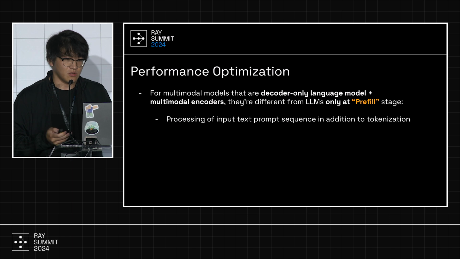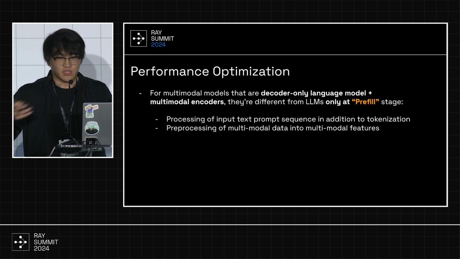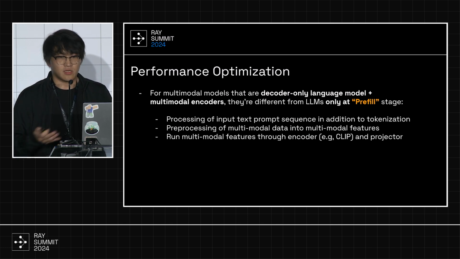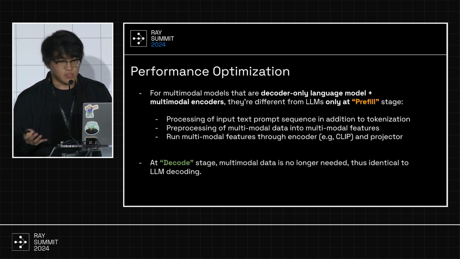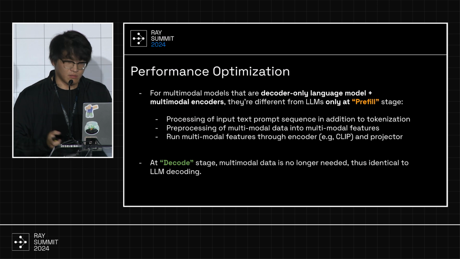This is because, in addition to tokenizing your input text, you have to add additional logic to process the input text prompt, convert your pillow images to pixel values, and finally run your features through the vision encoder and projector to get embeddings and merge them with your text embeddings. That's all done in the prefill stage. But at the decode stage, basically the generation stage, multimodal data is no longer needed because all the information is already stored in the KV cache. So the inference pattern is identical to decoding.